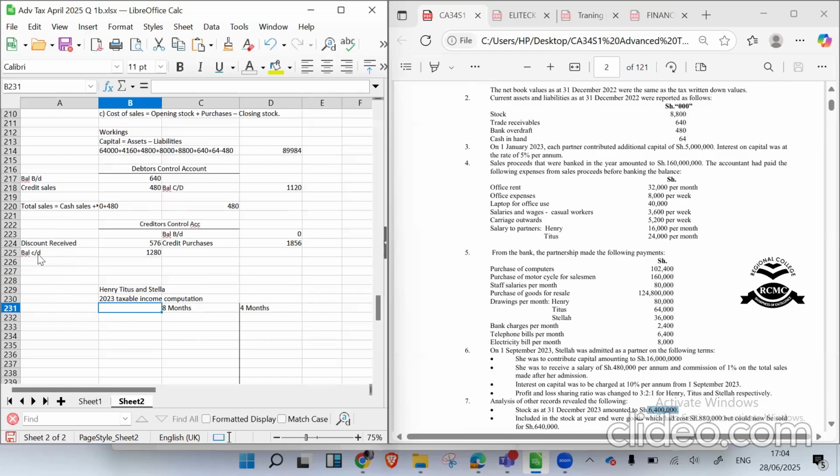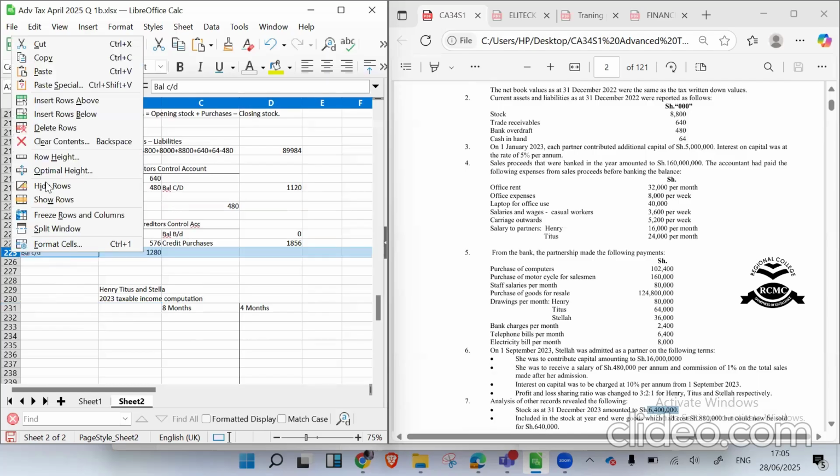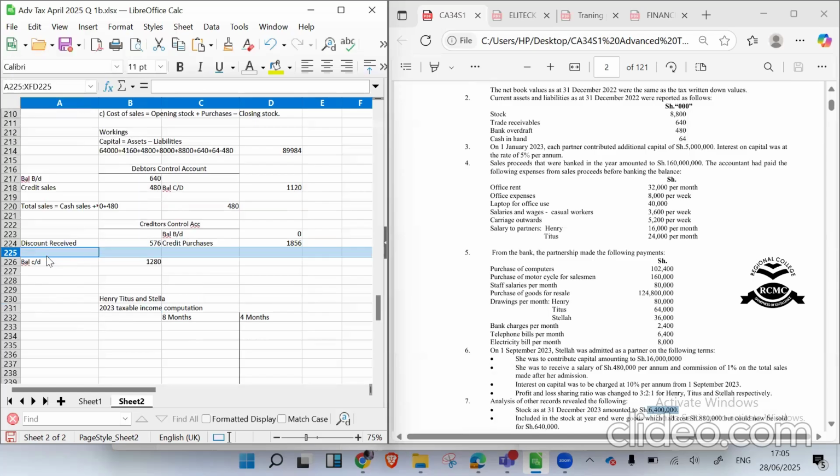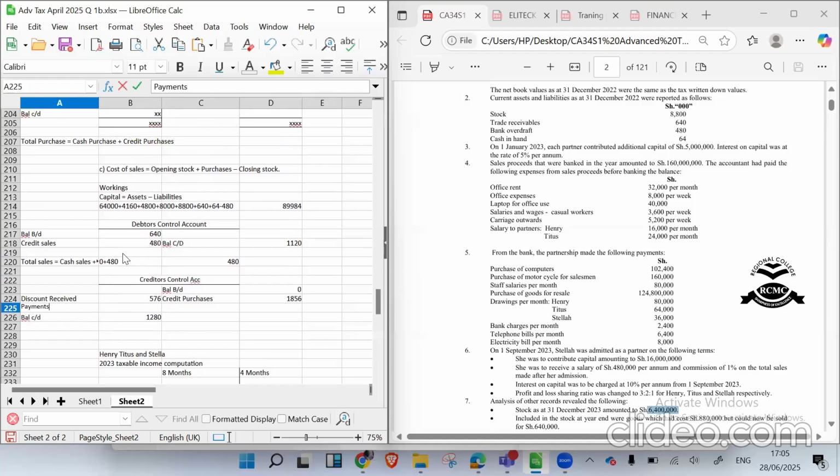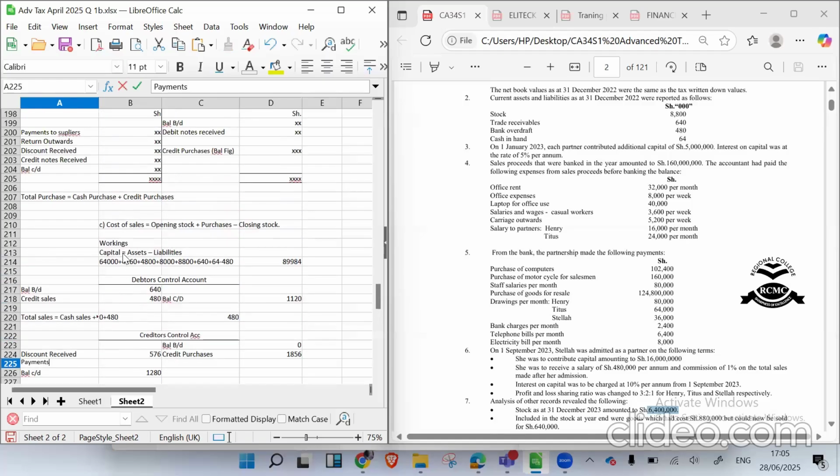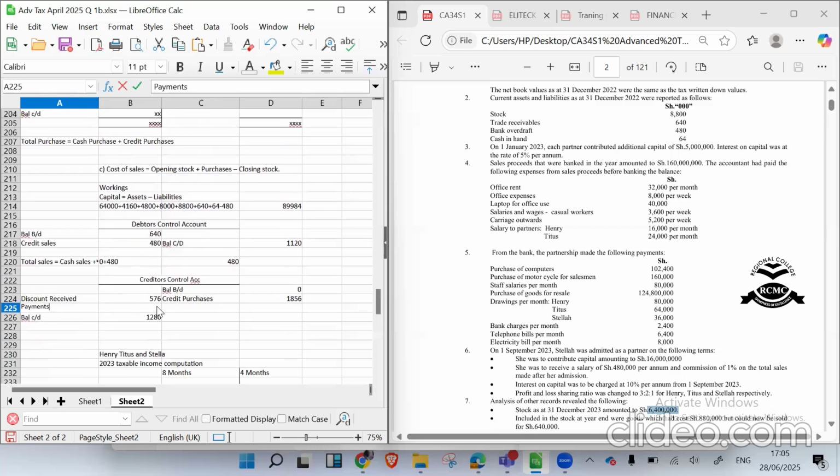So meaning hapa before this, sorry for that, kuna payments tumemake. Payments that we made to suppliers, I think 124,800. Note number 5. Purchase of goods. Yes, for resale.